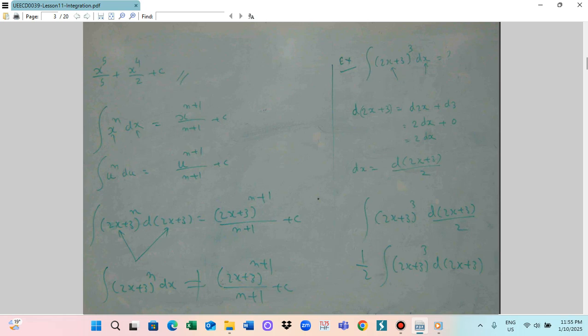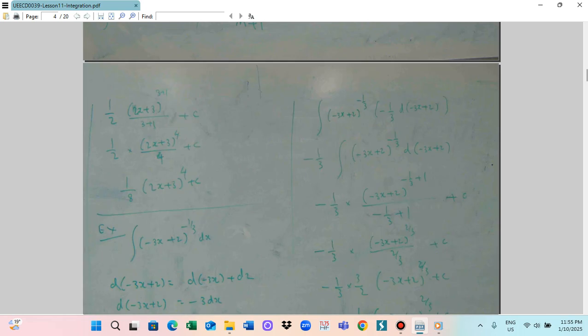So this one we integrate. This becomes half times 2x plus 3 power 3 plus 1 divided by 3 plus 1, plus c. So this is 1 by 8 times 2x plus 3 power 4 plus c.